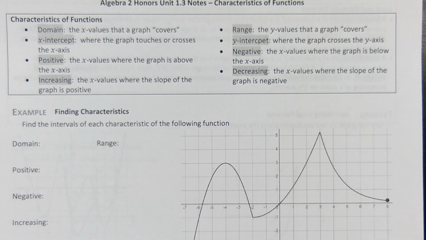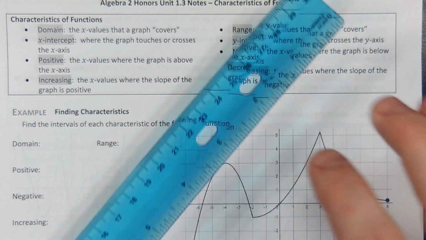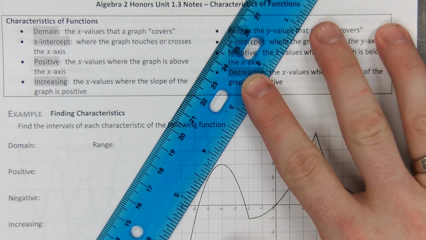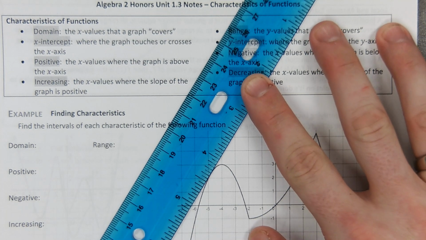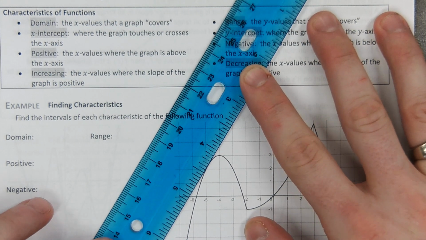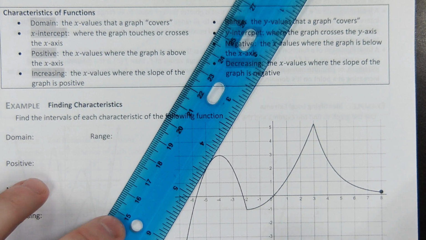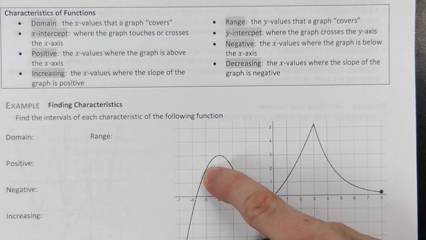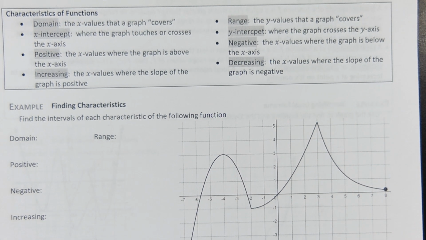At x equals -5, imagine a straight line that touches the graph without going through it. If you were to draw this line that I just created with this blue ruler, this line would have a positive slope. So we say that this graph has a positive slope at that value. So anywhere our graphs have positive slopes, we say the graph is increasing. And anywhere our graphs have negative slopes, we say the graph is decreasing.